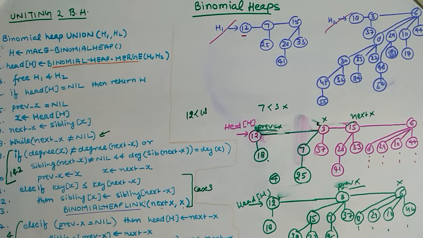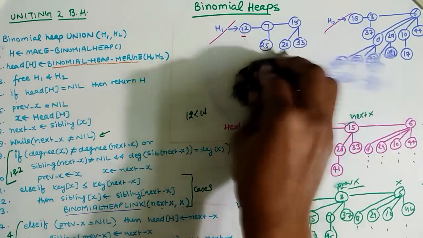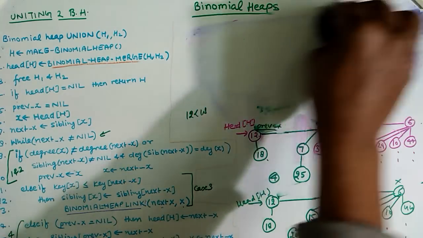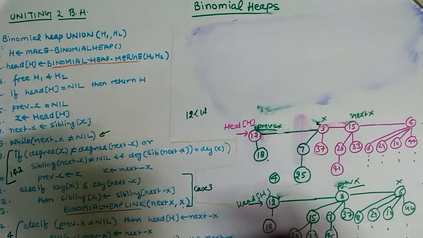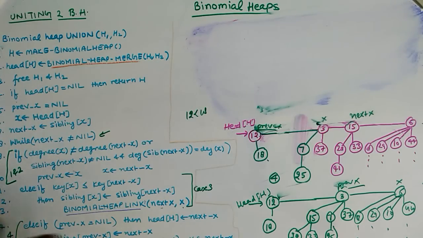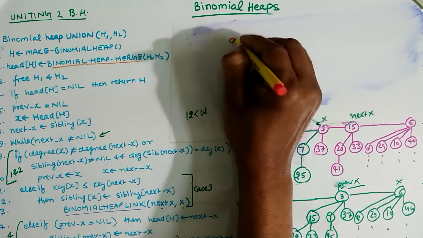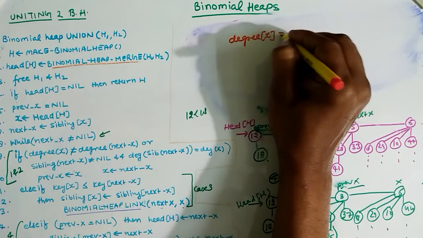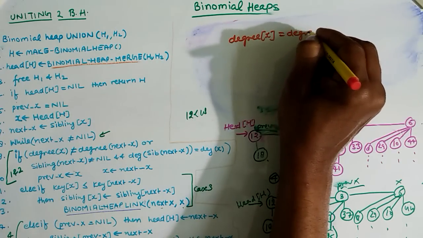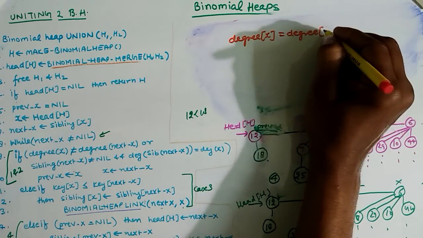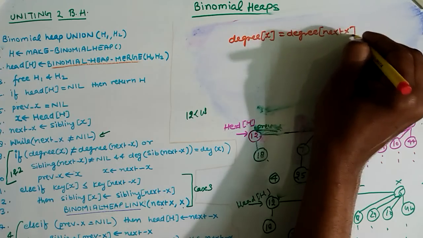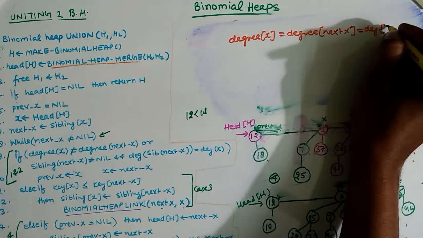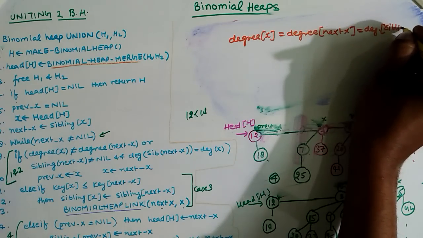Generally we have two main cases in the binomial heap union, so I just list the two cases here. First is when the degree of any node x is equal to the degree of next of x and is equal to the degree of sibling of next of x.